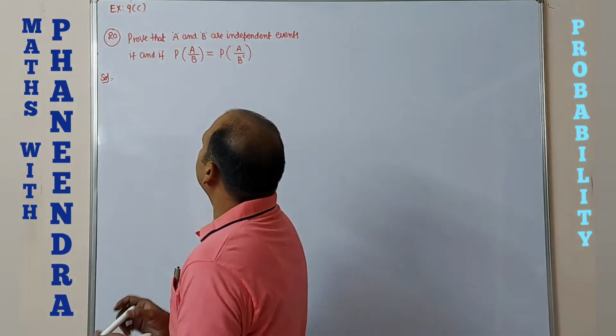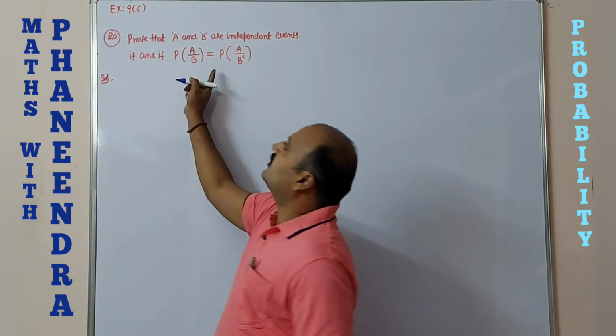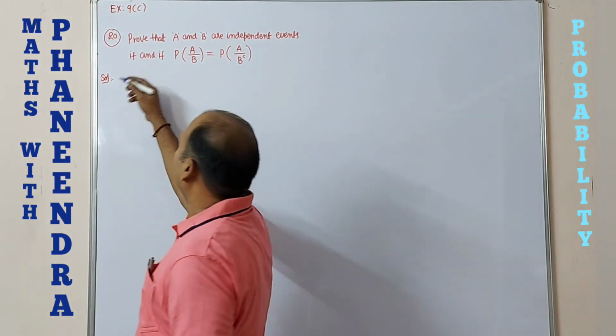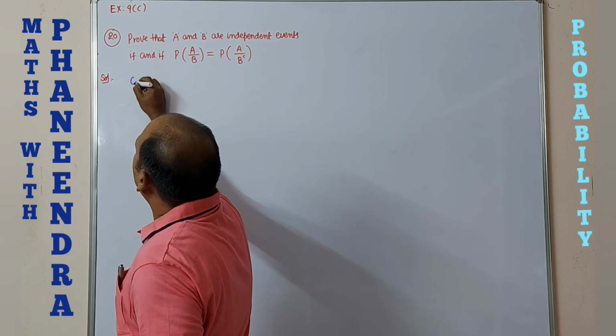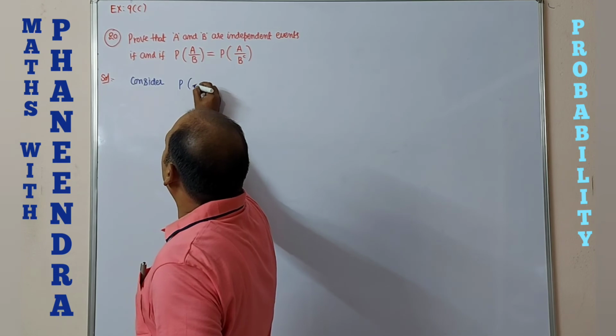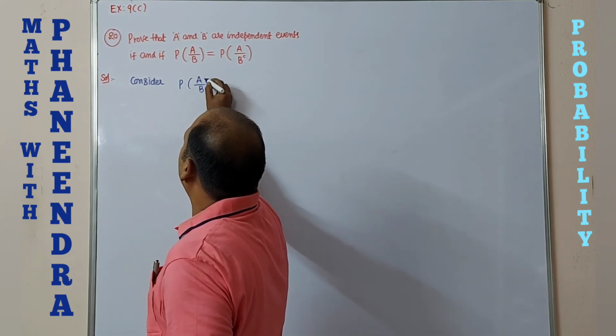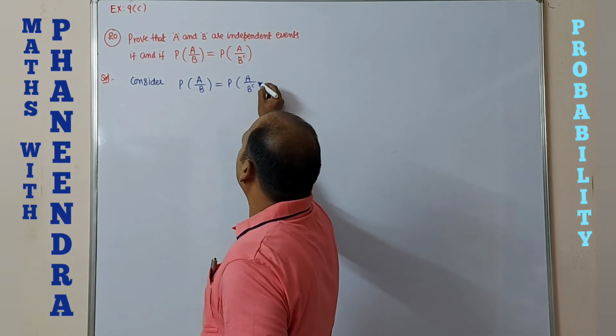See here, first let us consider this. If and only if is there, but I am considering now. Consider P of A given B is equal to P of A given B complement.